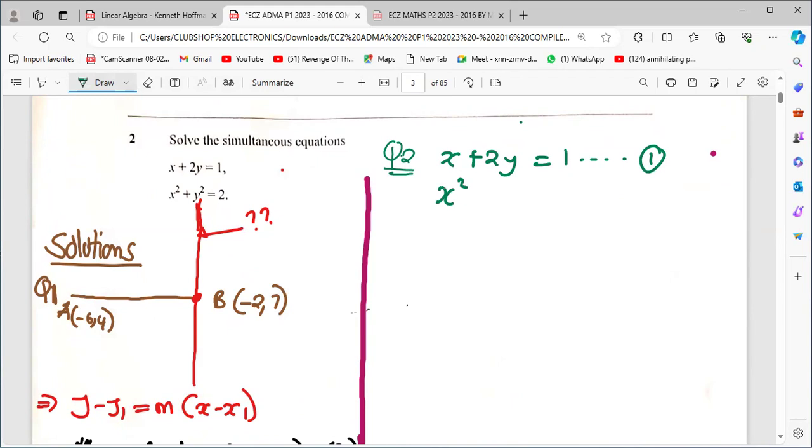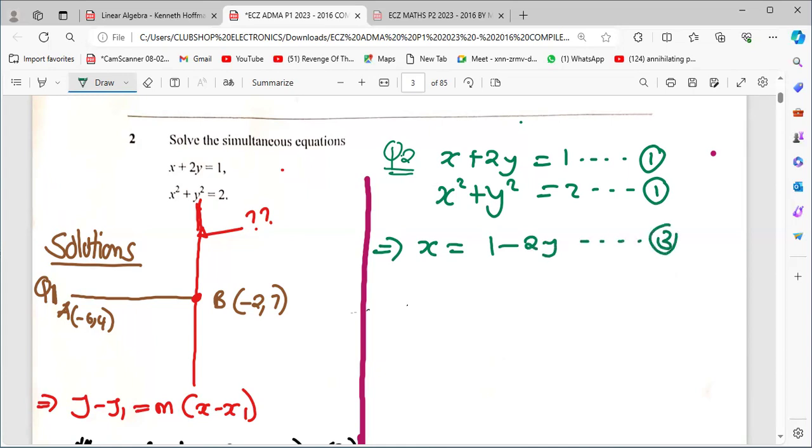Then x squared plus y squared equals 2. Now, you can see that we have 2 different equations, a linear equation and a non-linear one. It's easier for us to make one of the variables the subject using the linear equation. So we can make x the subject: x will be equal to 1 minus 2y, and this gives us equation 3.